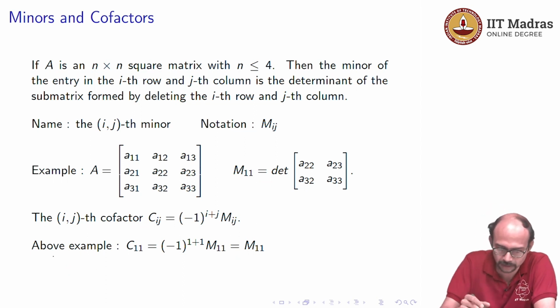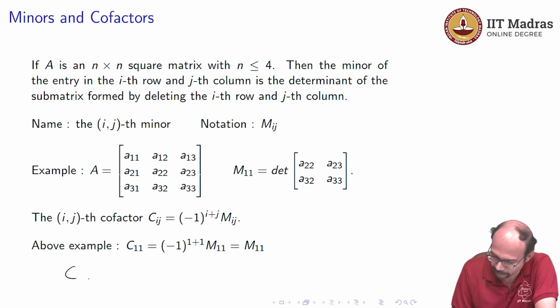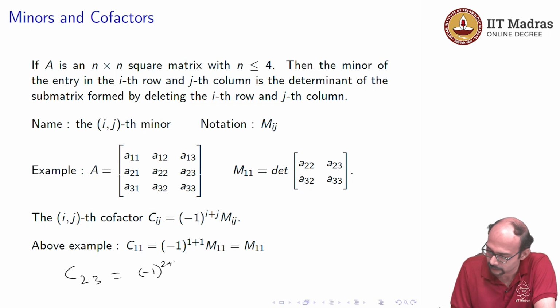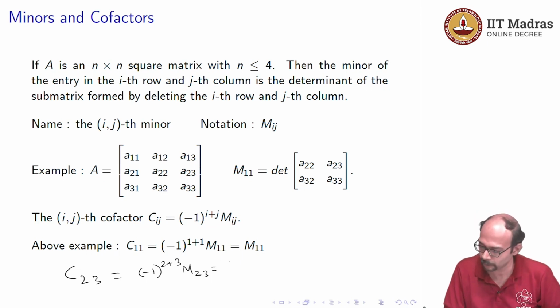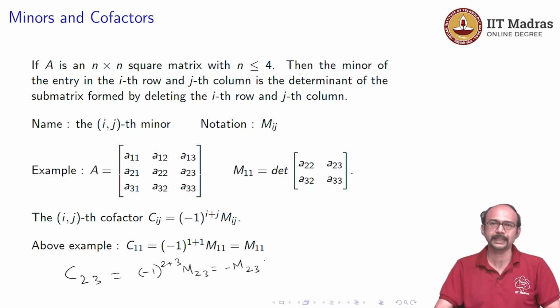In a similar light, if we have C23, then this is minus 1 to the 2 plus 3 times M23, but now 2 plus 3 is 5, which is odd. So, minus 1 to the power 5 is minus 1. So, this is minus M23. Okay. So, depending on what is i and j, accordingly we will pick up a minus sign. I hope it is clear what cofactors and minors are.